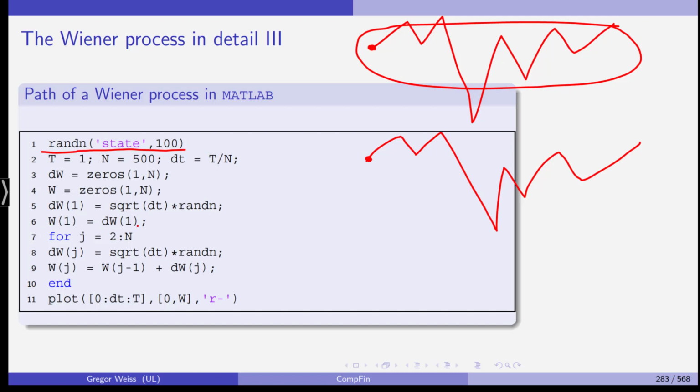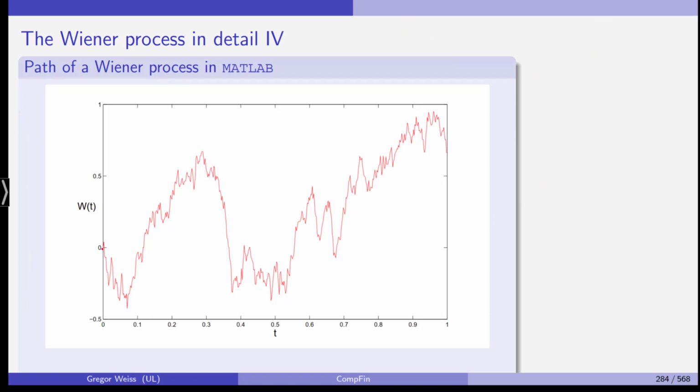And then we have a for loop and say the change in the process is square root of dt times a random number from zt, the standard normal distribution. And then the next state of the process is just the previous state plus the change, and then we plot it, and what you see is we start out at 0, and this is one simulated path of a Wiener process.